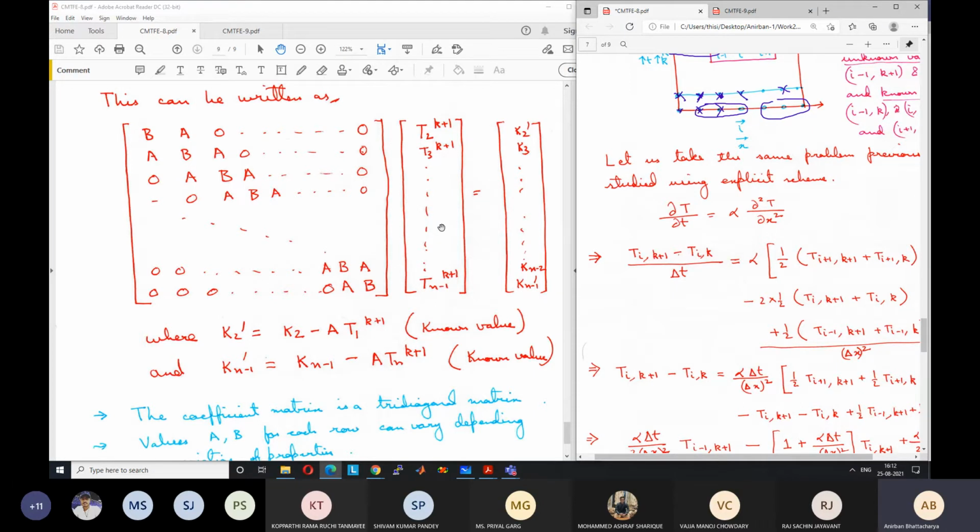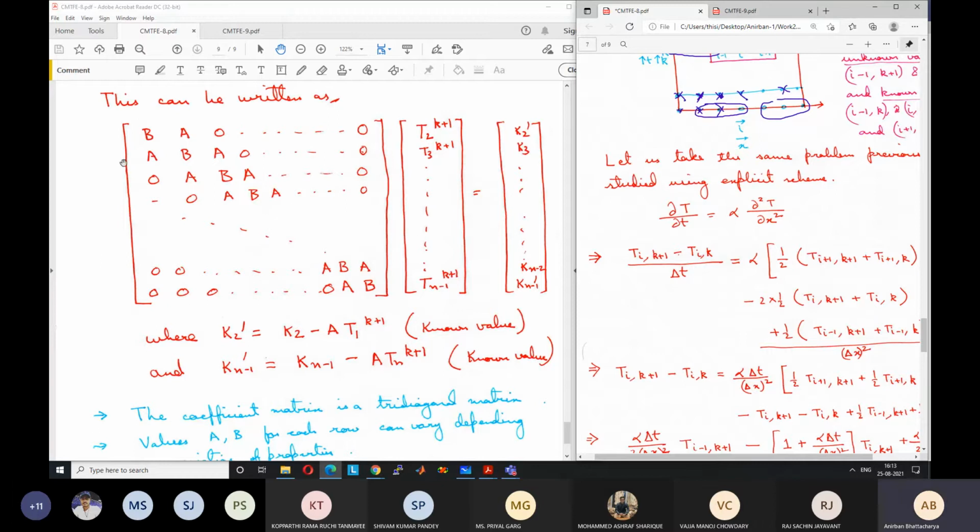So for explicit scheme, it is easy to solve, but for the implicit or semi-implicit scheme, we have reduced it to a set of equations. Because we had n points, we have reduced it to n minus 2 equations and n minus 2 unknowns. And now we can solve those equations using any method to find the unknowns, but we have to solve them simultaneously. Okay, so that is the idea.